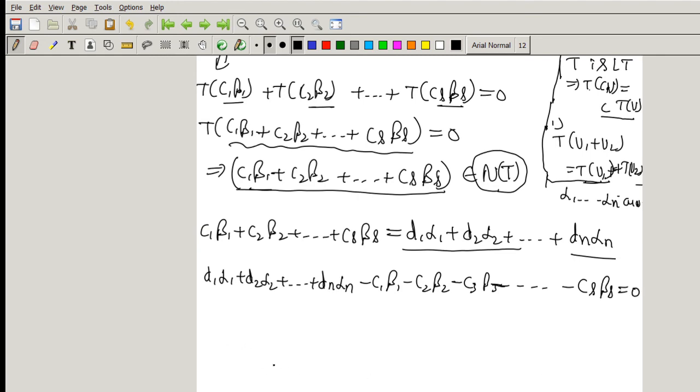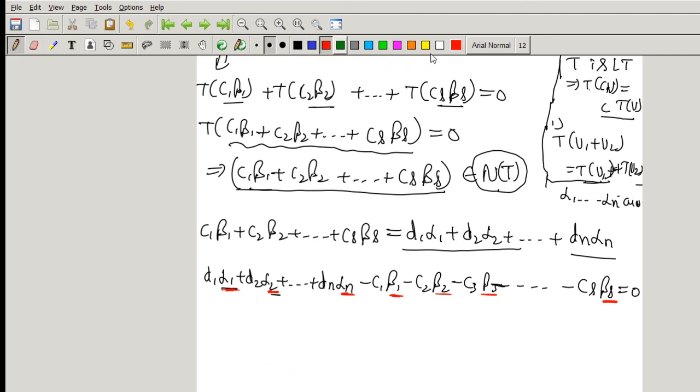This is a linear combination of the vectors α1, α2, up to αn, and β1, β2, β3, up to βs.